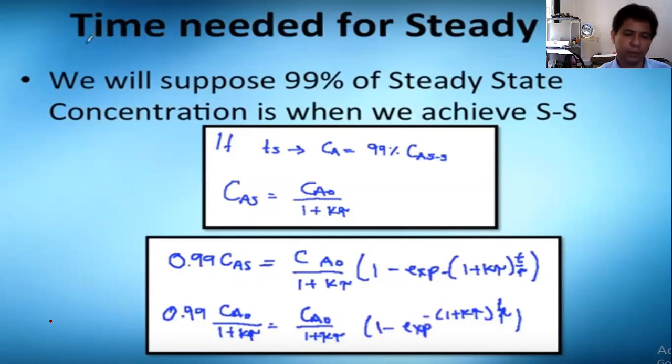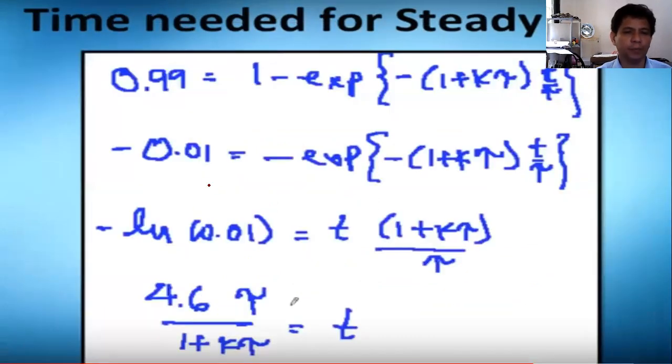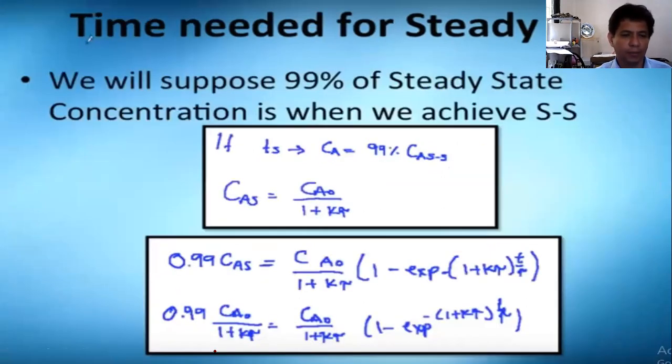You can use your calculator to solve it, but let's derive an explicit equation, much better. So starting from the last equation, 0.99 equals 1 minus exp of negative (1 plus K tau) raised to t divided by tau.